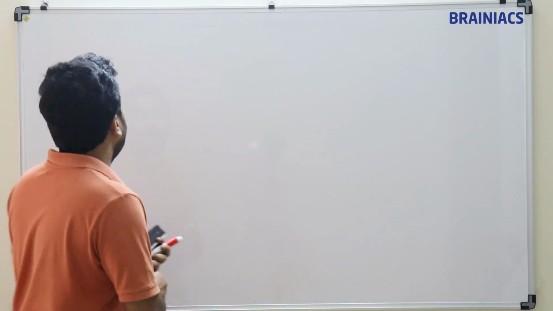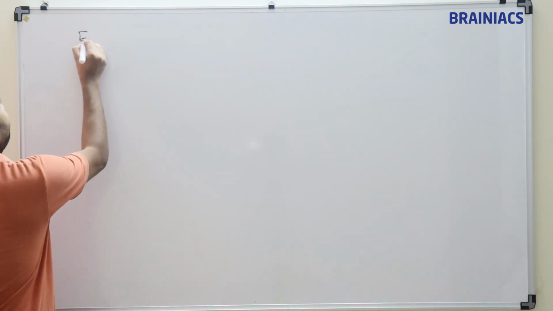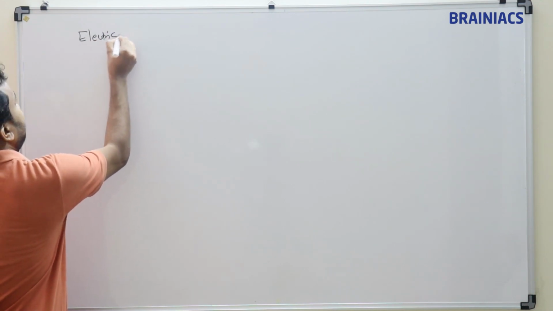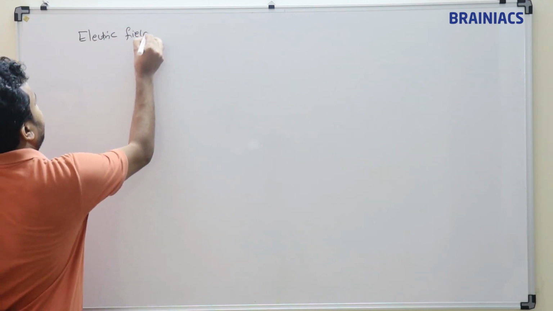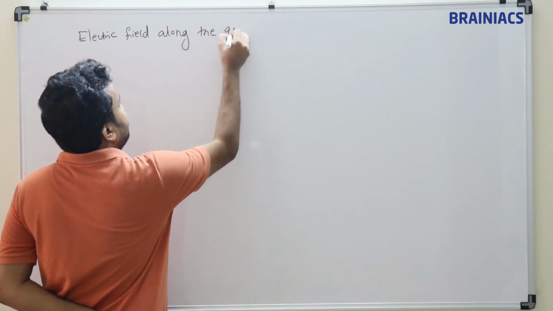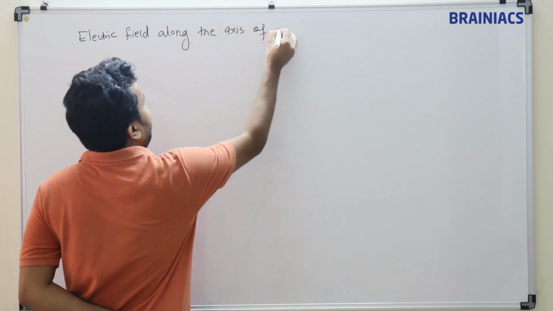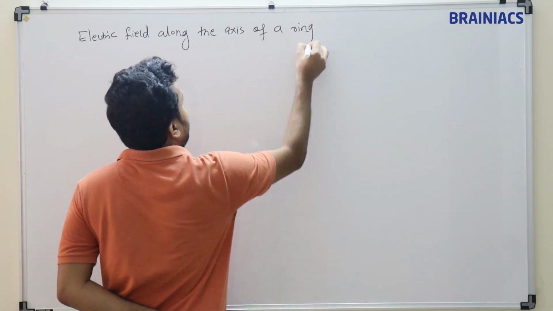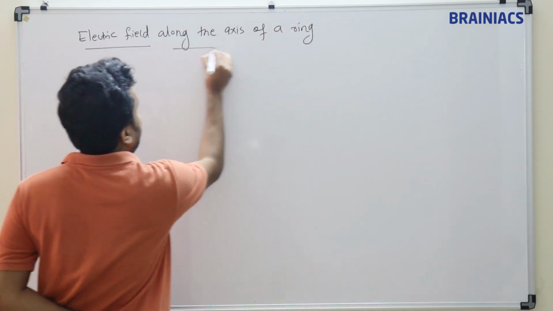So write down the heading: electric field along the axis of a ring. Electric field along the axis of a ring.